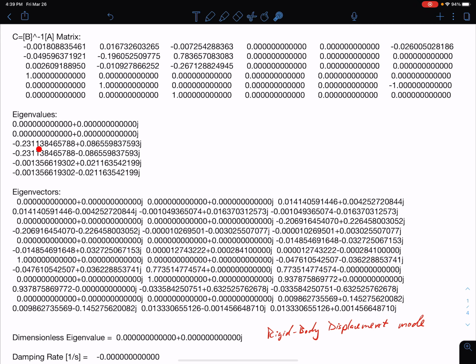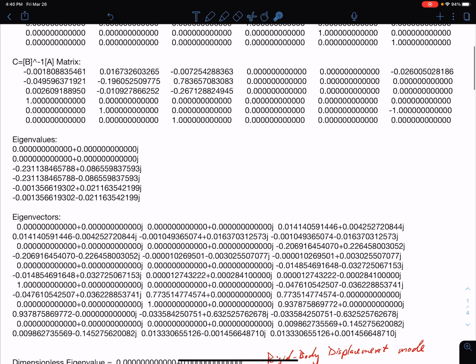We could have guessed that this was a short period mode because it's a heavily damped mode. But we can go down and look through this eigenvector information in order to better understand which of these modes is which. So from that we can get our natural frequencies and our damping for each of these modes. And actually in the following videos, we're going to talk about ways to estimate these modes from the original information.